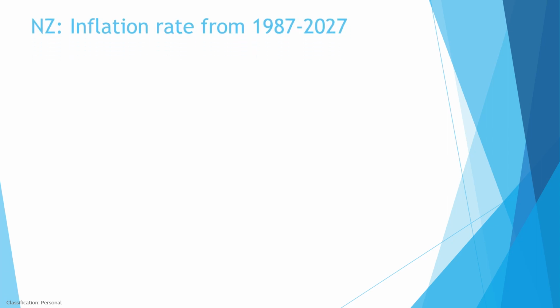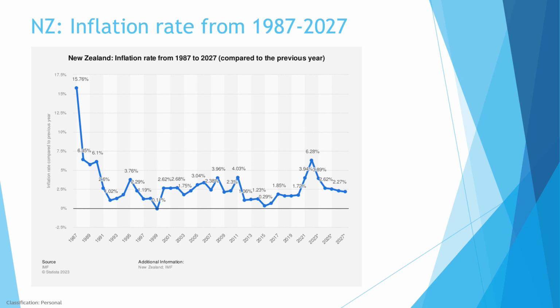It has generally remained within the RBNZ target range. This has helped to provide a stable macroeconomic environment for businesses and households, which in turn supports investment, growth and employment. Let's look now at the New Zealand inflation rate, 1987 to 2027.